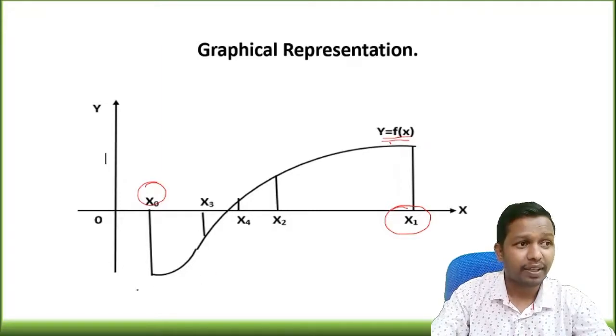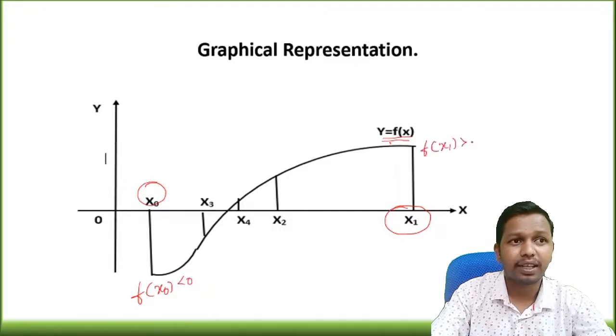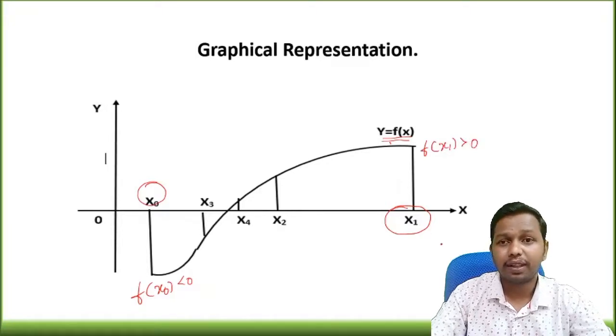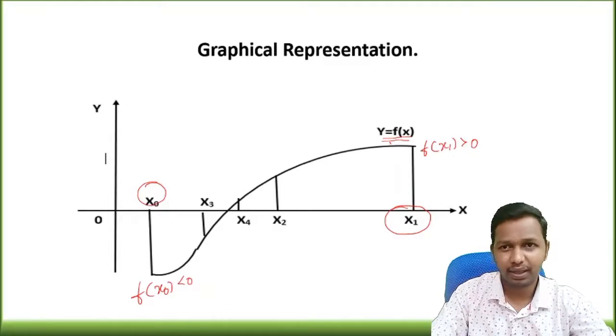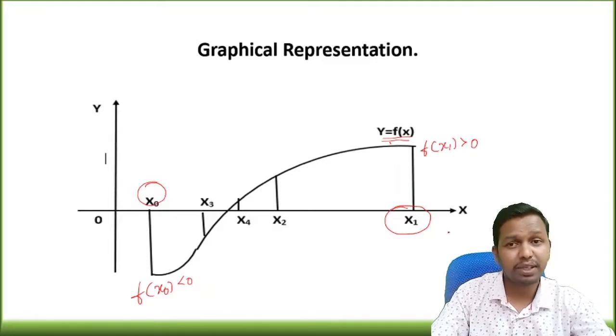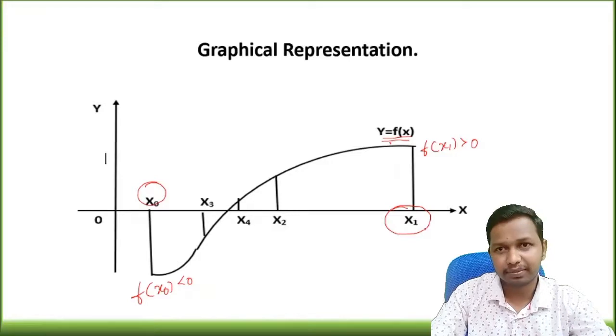Observe here, f of x0 is less than 0 and f of x1 is greater than 0. Therefore, we can apply the intermediate value theorem. According to intermediate value theorem, the root of the given f of x lies between x0 and x1.